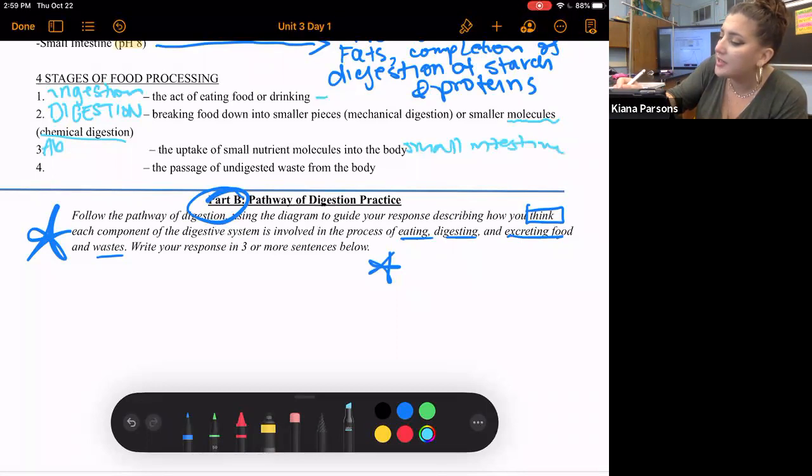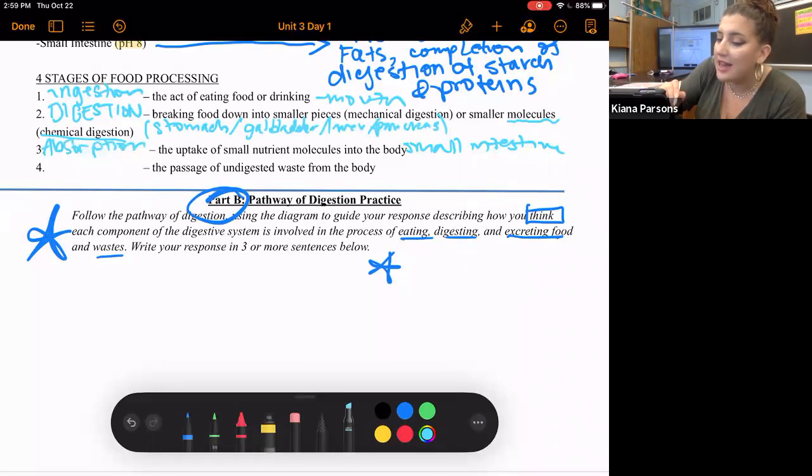Ingestion obviously happens in your mouth. Digestion happens in your stomach, with the assistance of accessory organs, which we're going to talk about, like your gallbladder, liver, pancreas, which make the digestive enzymes and juices that help, such as bile, that help break down your food.